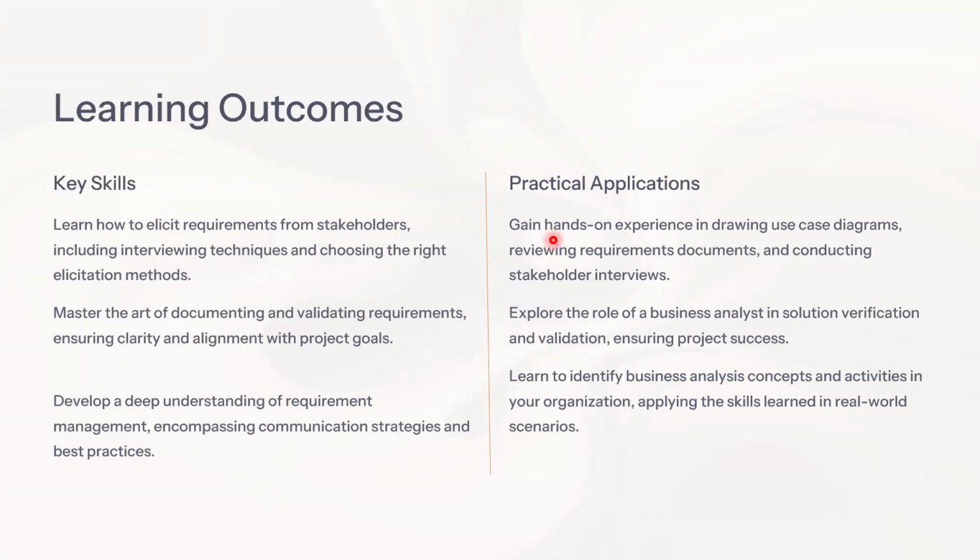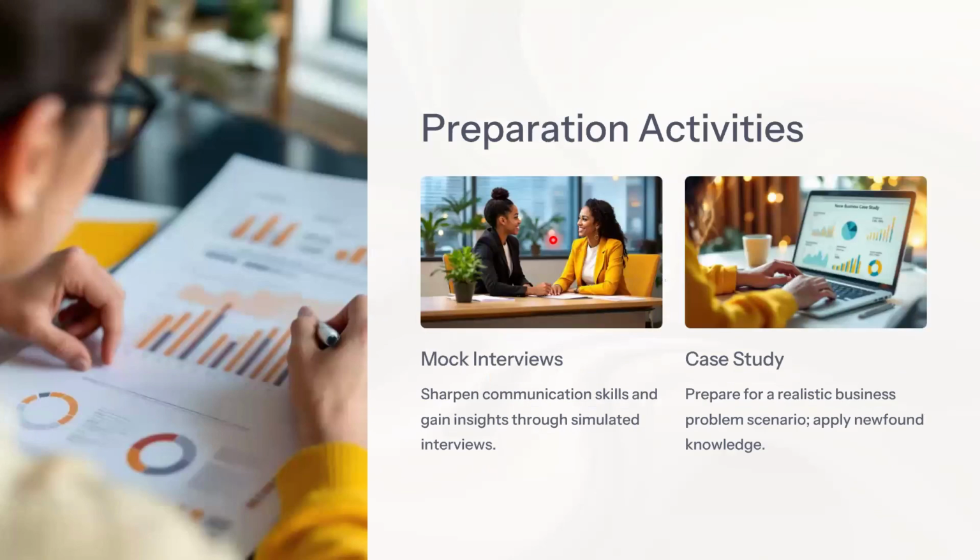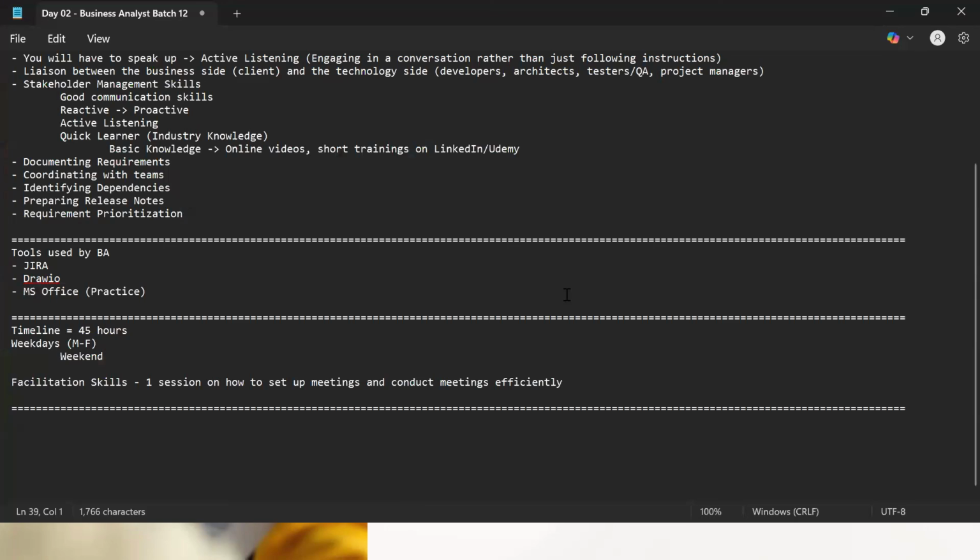During the introduction, we will learn about the different phases of SDLC and how a BA contributes in each phase. Then once we get to the requirement phase, what are the different activities within it? Then moving on to the next part, we get into the preparation activities.